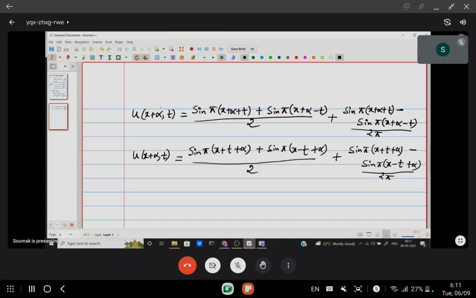So let me write, we have to check for which smallest alpha this condition holds, u of x plus alpha comma t equals u of x comma t, for all x in R and t positive.